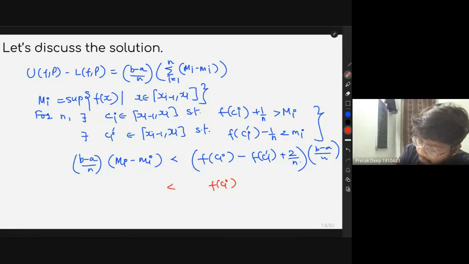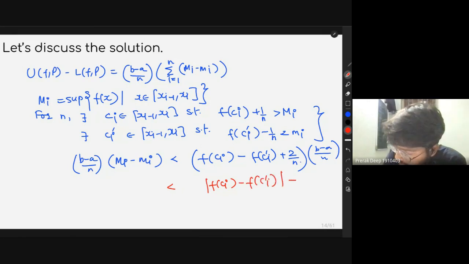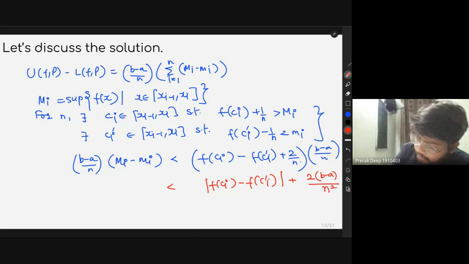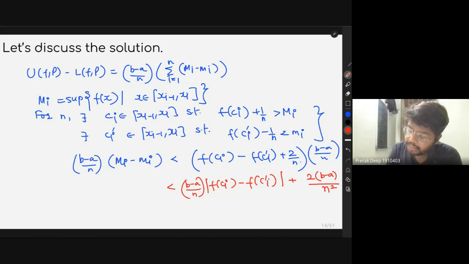So I can consider one more identity, this thing plus 2 times (b minus a) divided by n square, this thing (b minus a) by n. Then I apply the triangle inequality as well. So this step involves two steps in between: first I apply the modulus, and then in that modulus I apply the triangle inequality. So I get this inequality. Let's call it star.